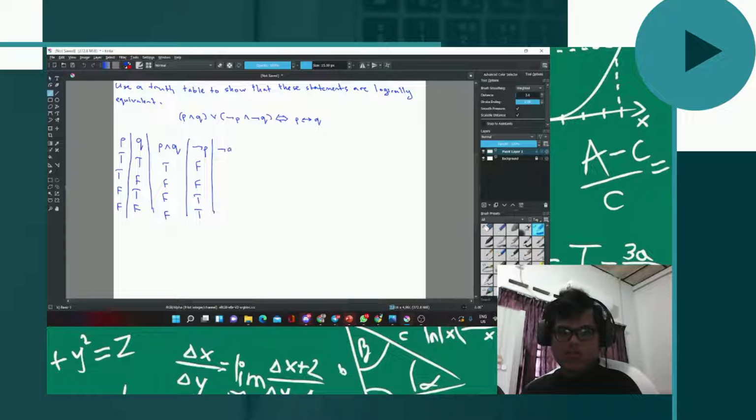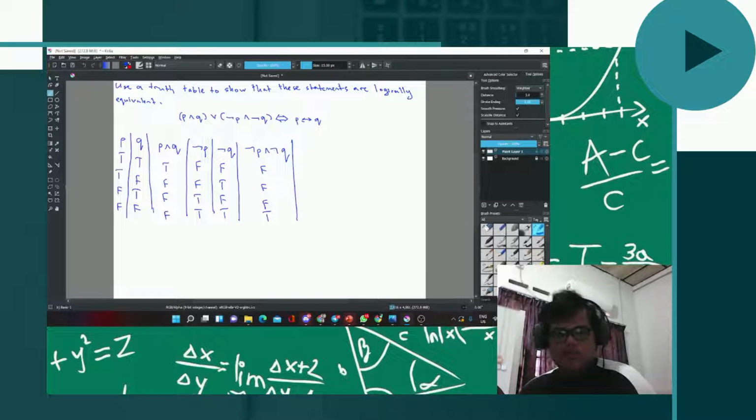Not Q is false, true, false, true. And then not P and not Q is false, false, false, true.